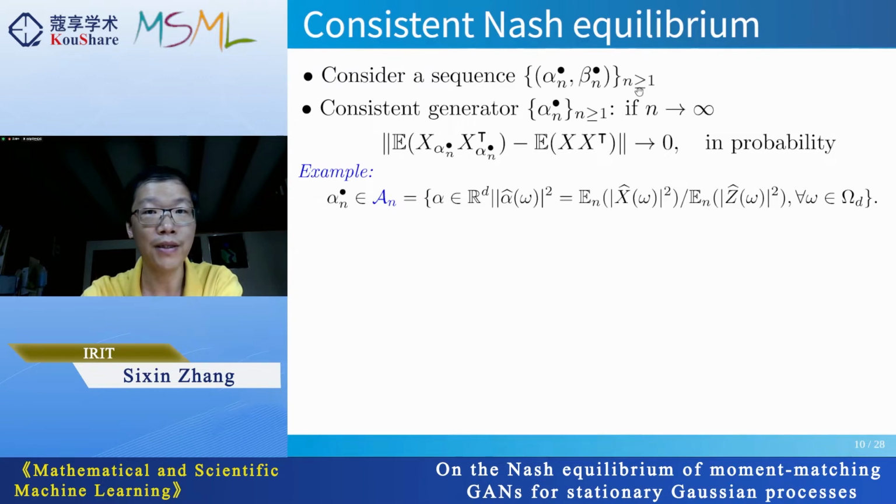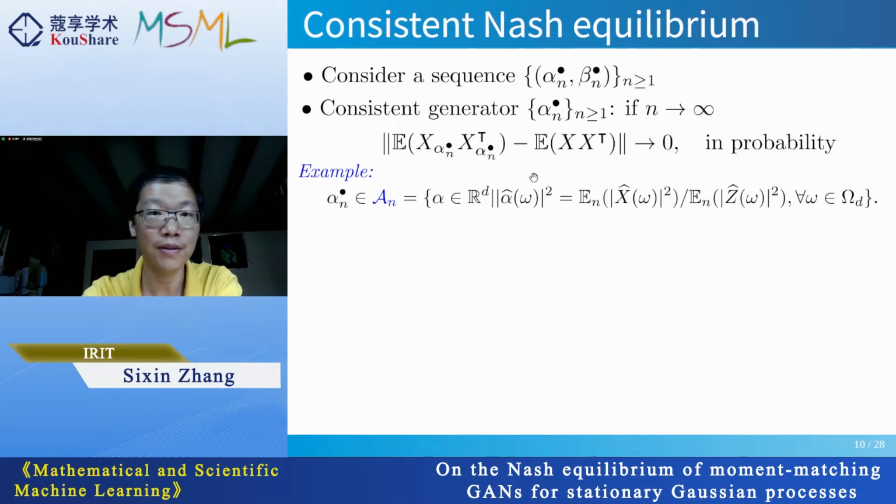If we have finite data, then we can define a finite sequence alpha n dot, beta n dot, which tends to this. Let's say we have a consistent generator. That means the covariance matrix tends to 0 in this particular Gaussian stationary process case.